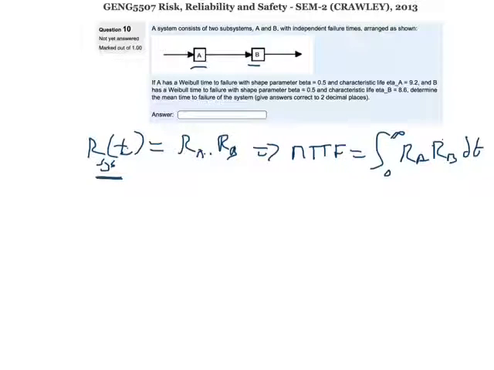And then you've got Weibull distributions, so we can look up what the reliability of a Weibull distribution is. RA is going to be equal to e to the minus t over eta, all raised to the beta.